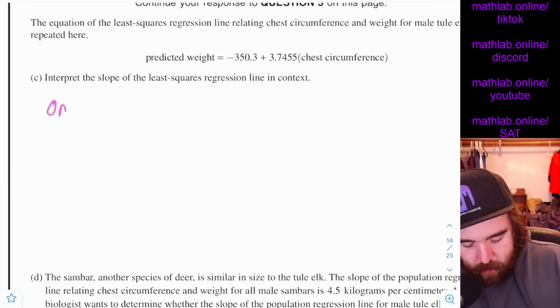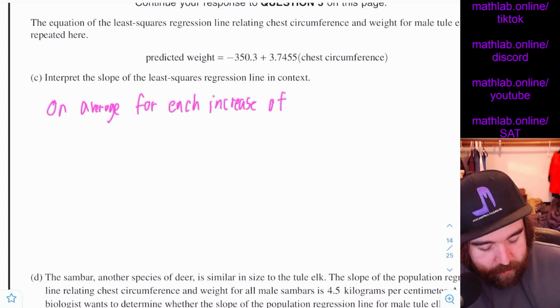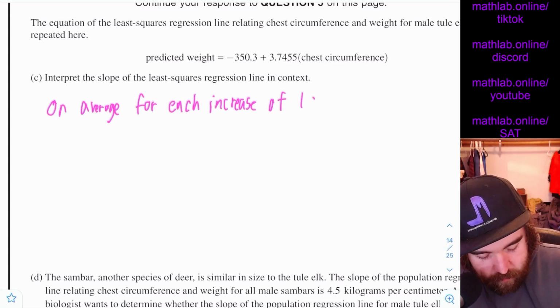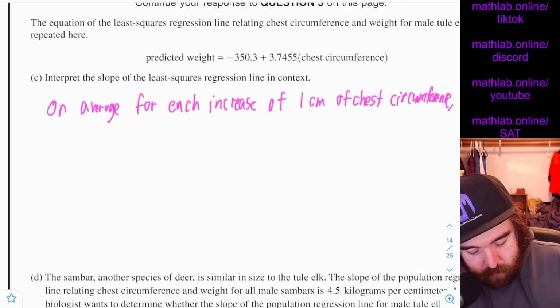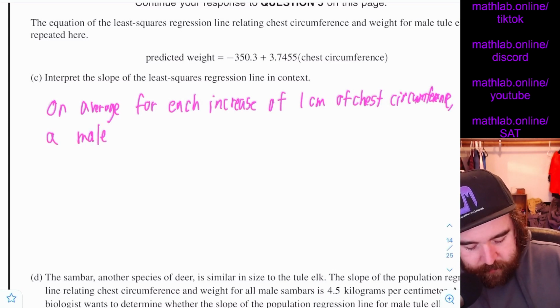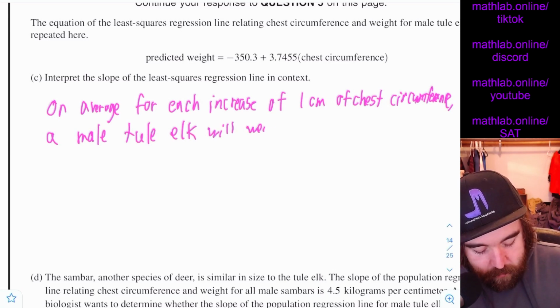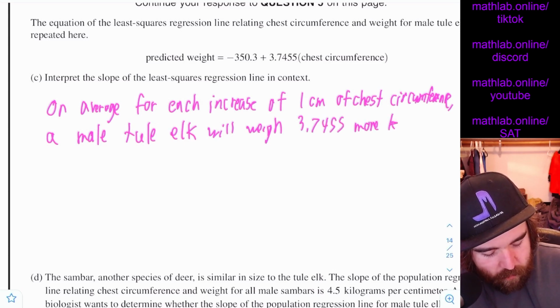So we say, on average, for each increase of 1 on the x variable, which is chest circumference, so 1 centimeter of chest circumference, a male tall elk will weigh 3.7455 more kilograms.